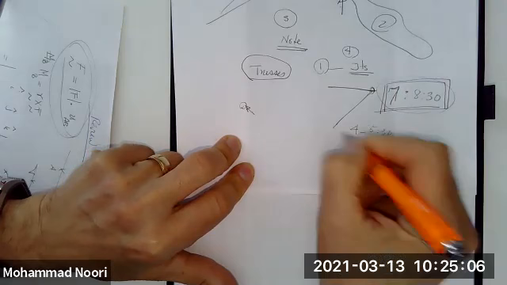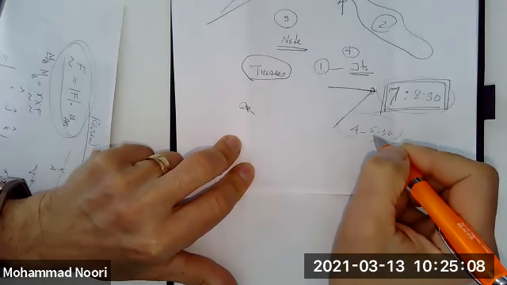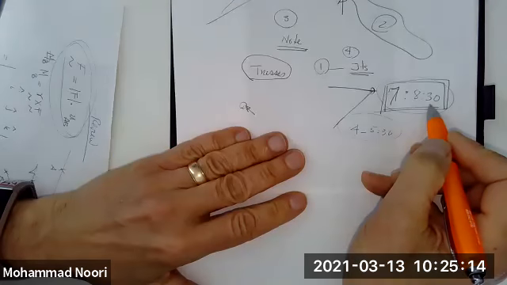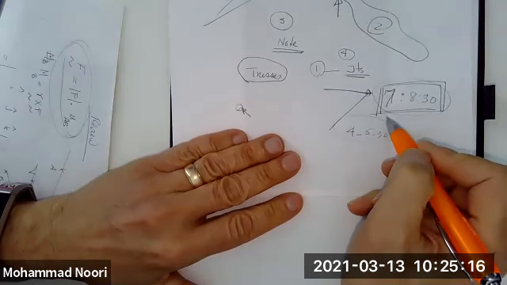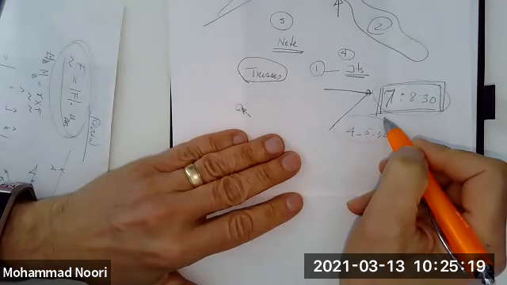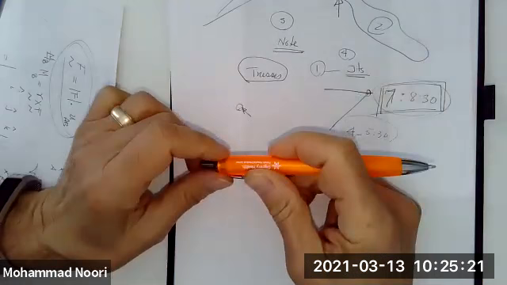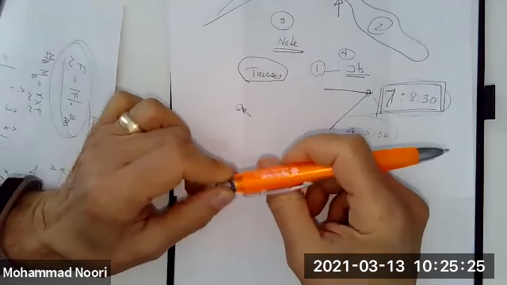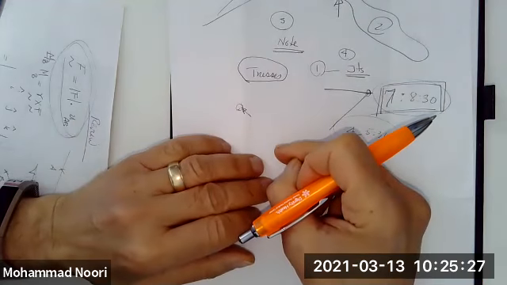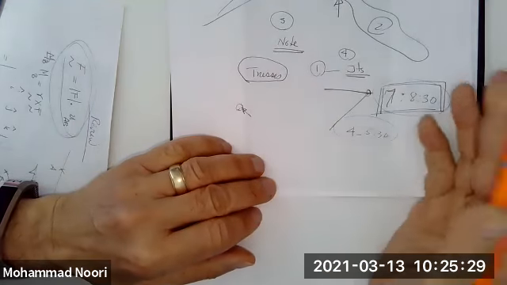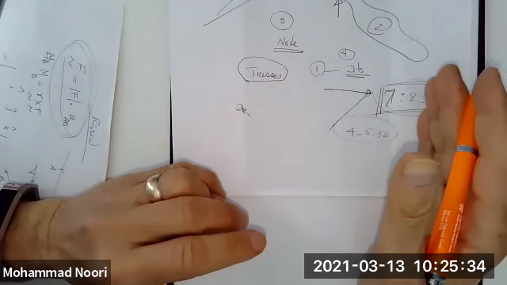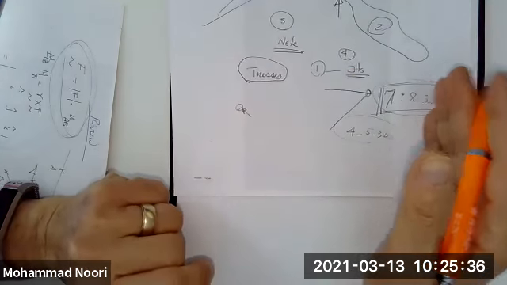So 7 to 8:30 is California time. For the East Coast people, since California time 7 is 10 for them, we've given them 4 o'clock California time, which is their 7.